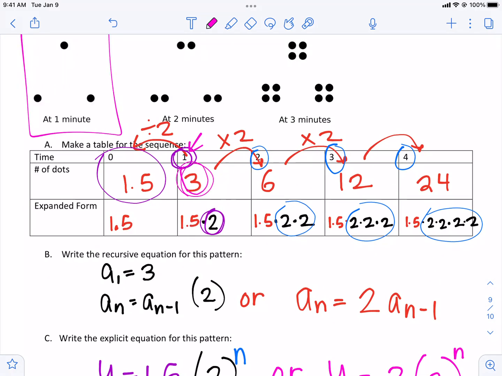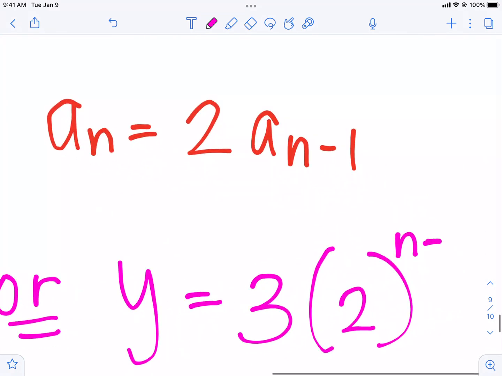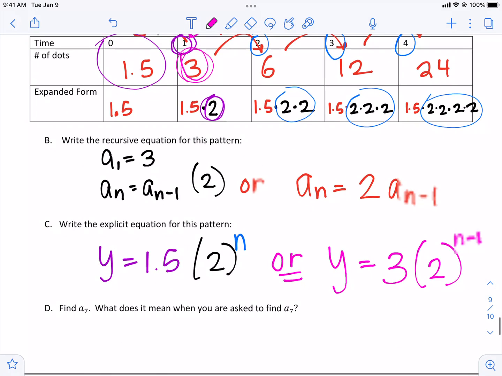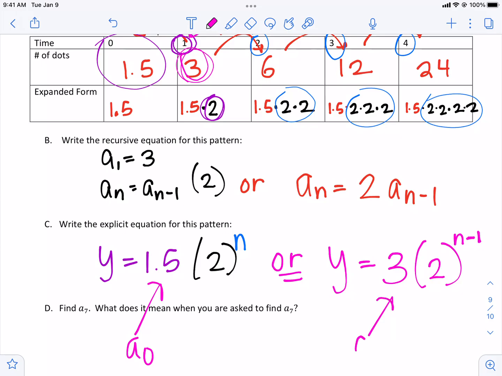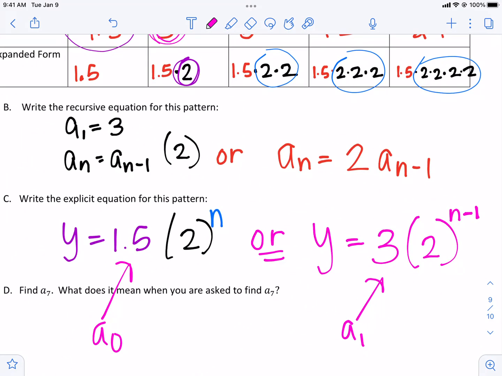So if you choose to start at the first term, you're going to have to subtract 1 from n. So you can either start at the 0 term, or you can start at the first term. But if you start at the first term, it's n minus 1. And then notice the common ratio is the same for both. And then again, it's either n or n minus 1, depending on where you start.